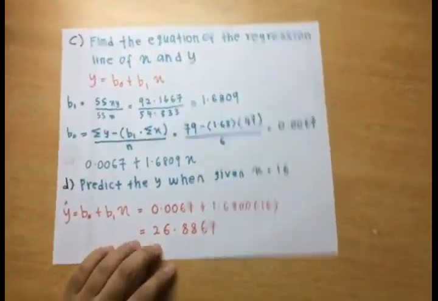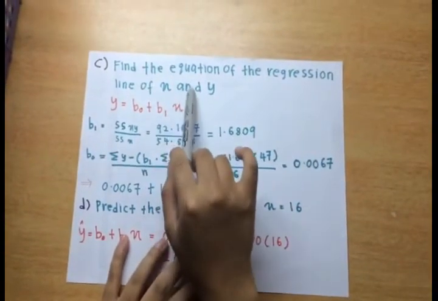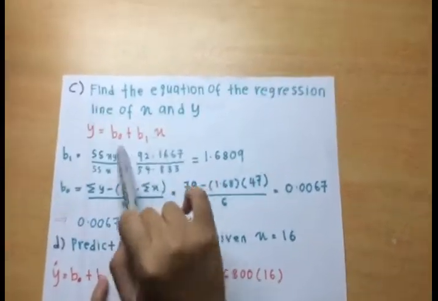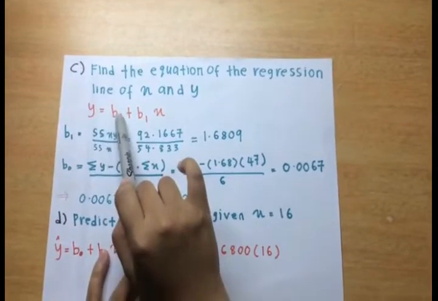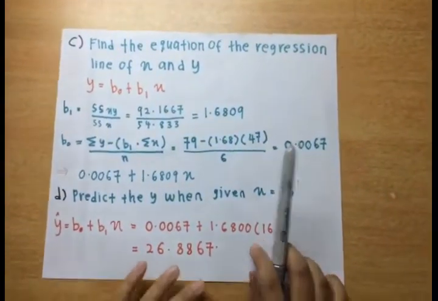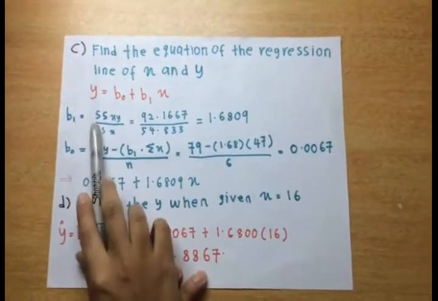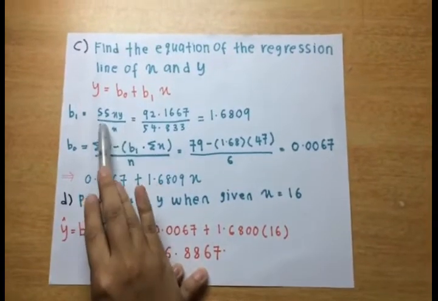Next, we move to C. Find the equation of the regression line of X and Y. The equation is y equals b naught plus b1x. For b1, we can find it by the formula SSXY divided by SSX.